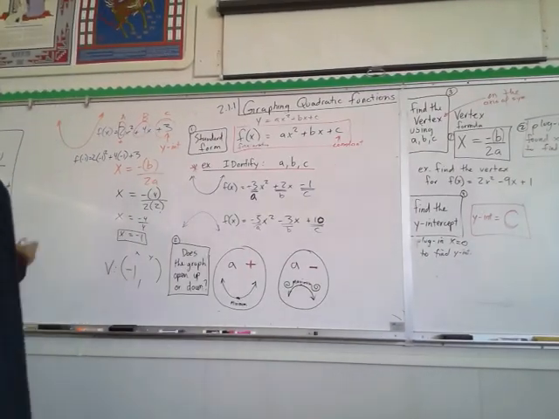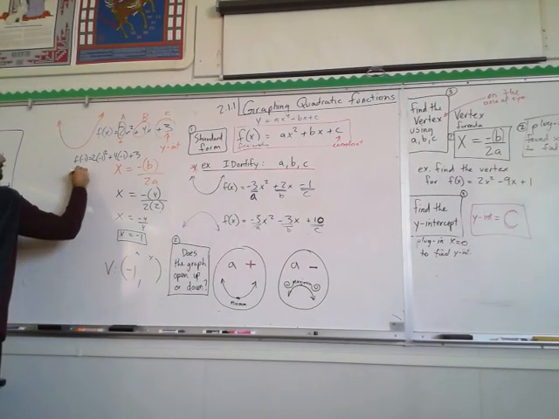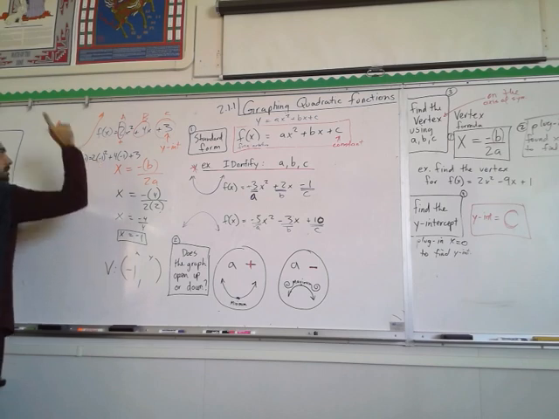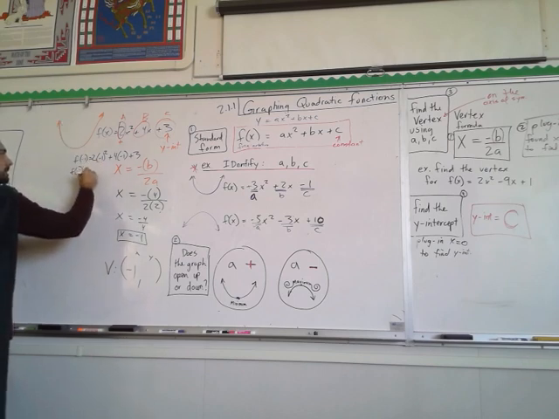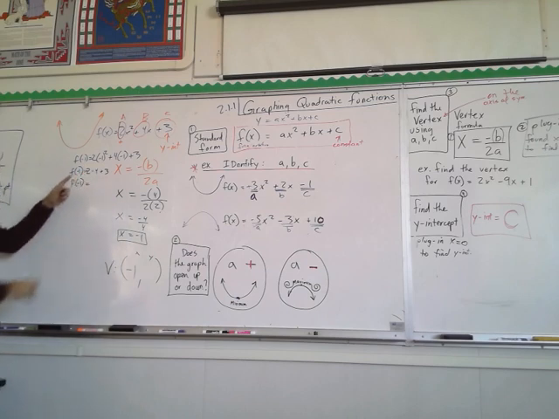All right, let's just evaluate this. f of negative 1. Negative 1 squared is 1 times 2, 2. Positive 4 times negative 1, negative 4, plus 3. So I know that f of negative 1 is 2 plus 3, 5, minus 4, 1.